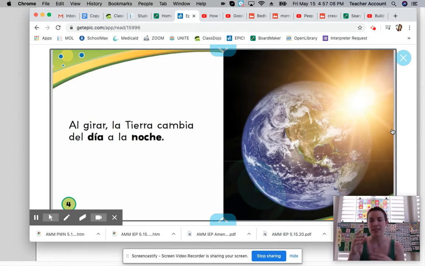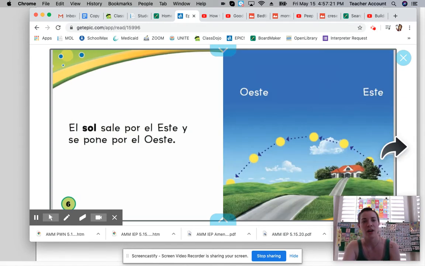You can see this is a really good picture showing you the earth. And look how bright the sun is. That's where we get all this bright light from. Okay, turn the page. El sol sale por el este y se pone por el oeste.